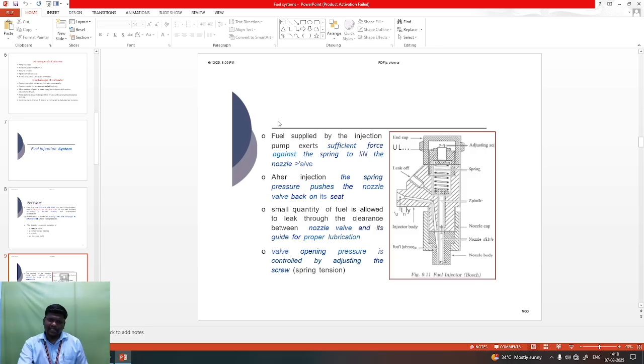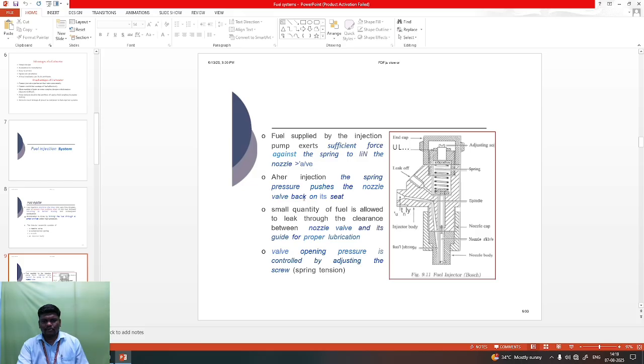Whenever fuel is supplied, the pump exerts pressure upward against the spring. While the spring is adjusted, it lifts the nozzle valve. After the injection, the spring pushes the nozzle valve back to its seat. The fuel goes to the combustion chamber, and the spring returns to its original position due to pressure.